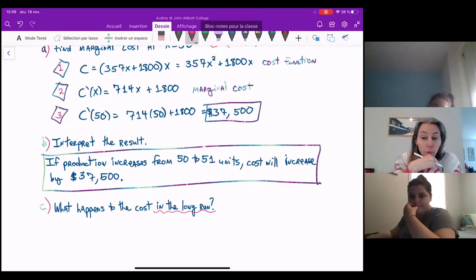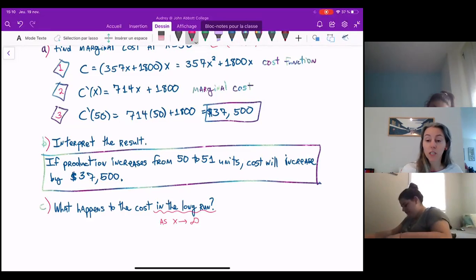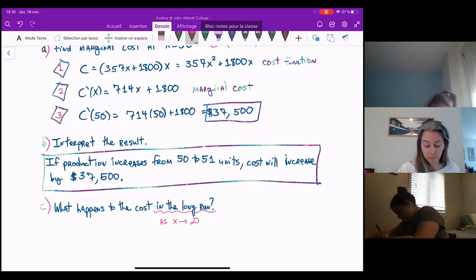It means long term. In other words, exactly, it means as I sell more and more and more units. So in the long run, this is like saying as X approaches infinity, if I let the number of units get really, really, really big.